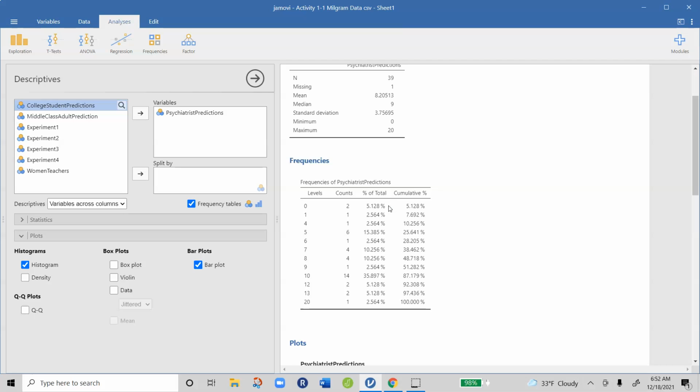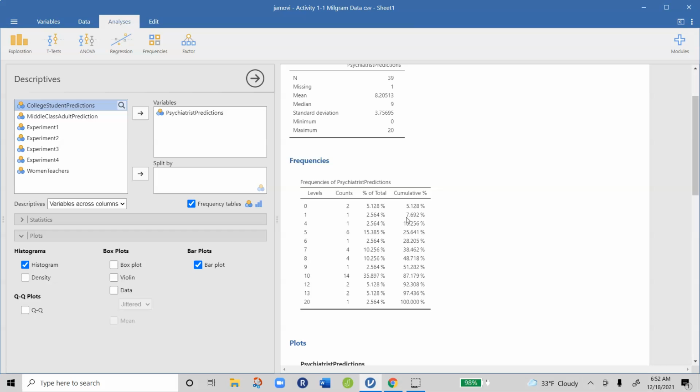Okay. There's also a cumulative percentage column. What this column does is it takes each level's percentage and adds the next one to it. For this very first one, we have 5.128% at level 0. At level 1, there was 1 person, which was 2.564%. If you add the 2.564% to 5.128, you get 7.692.